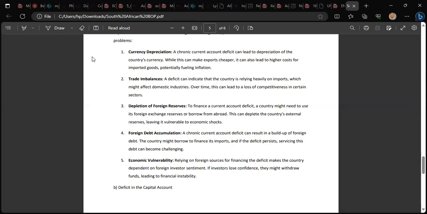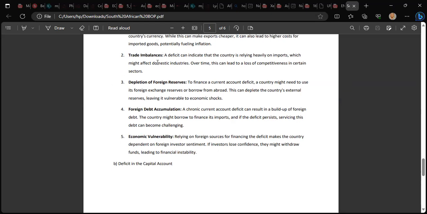If we are having a current account deficit because we are relying quite a lot on imports, what happens when our currency depreciates? Then it means we are going to be having quite a lot of inflation in the country, right?